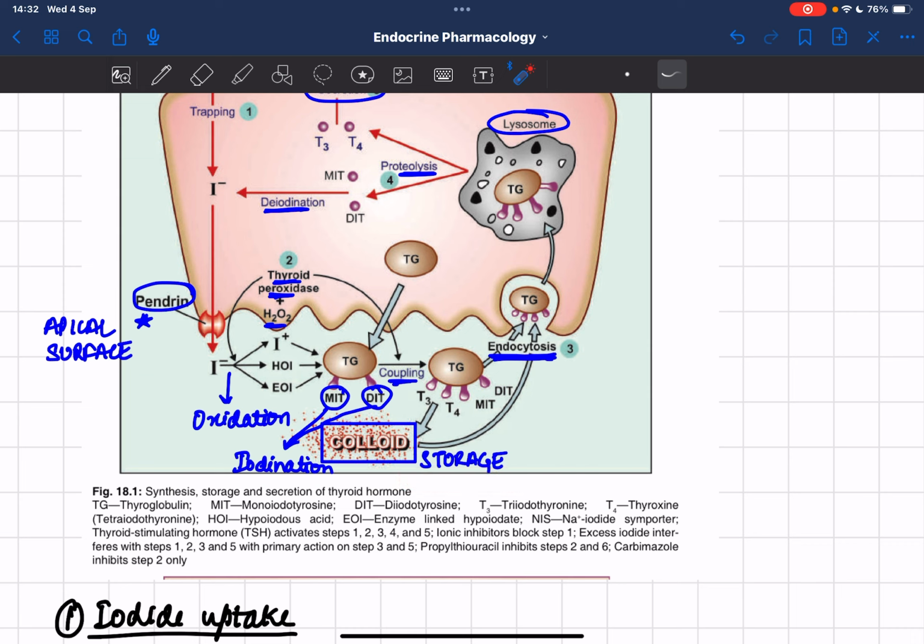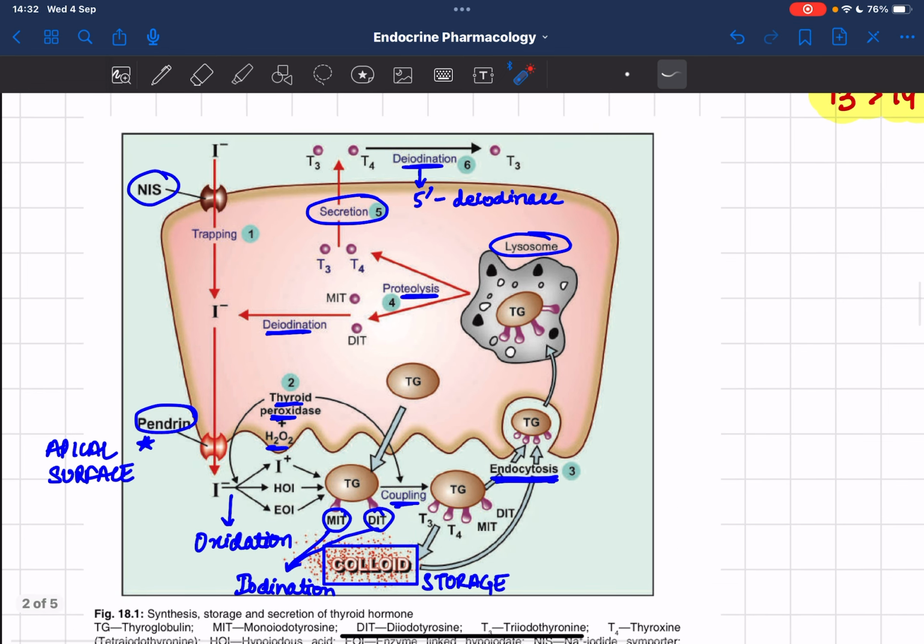When there is stimulation by TSH, which stimulates these thyroid cells, there will be endocytosis of this particular thyroglobulin molecule. Once endocytosed, it will go into the lysosome and there will be lysosomal proteolysis, that means destruction of this thyroglobulin molecule.